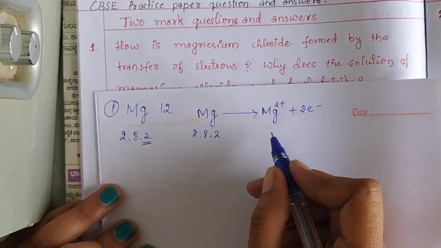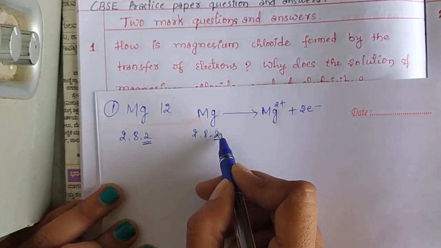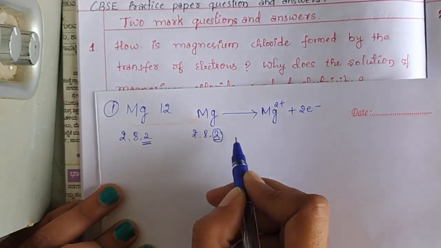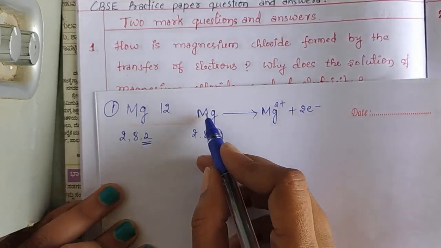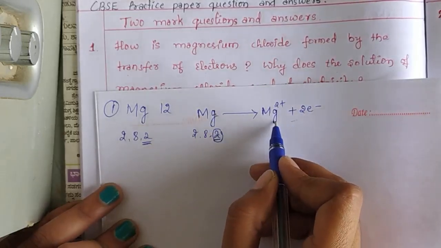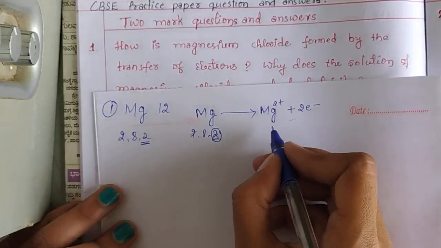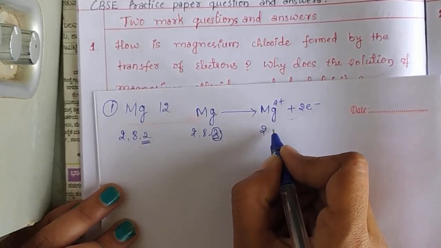On losing them, the neutral magnesium atom is converted into a magnesium cation, whose electronic configuration is 2, 8.